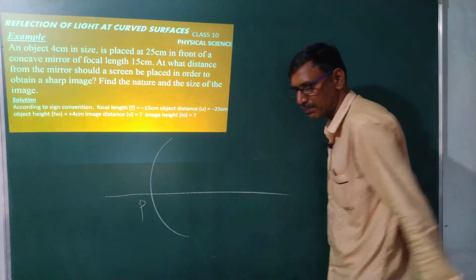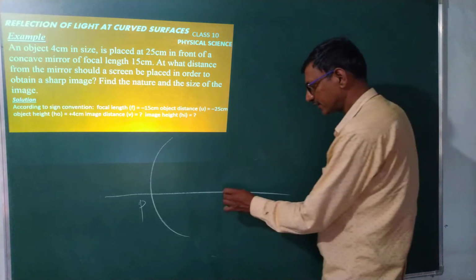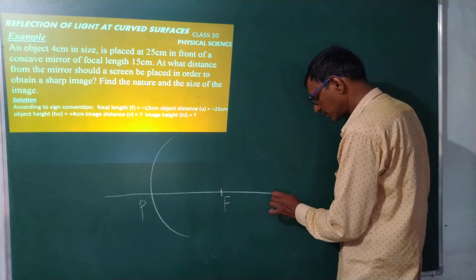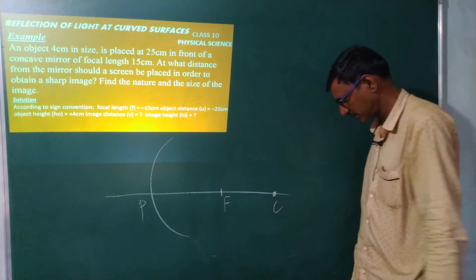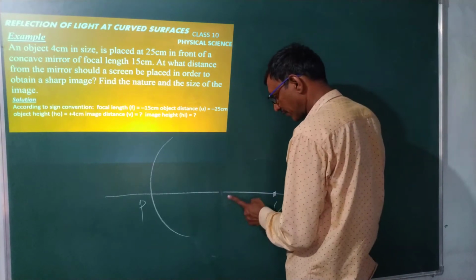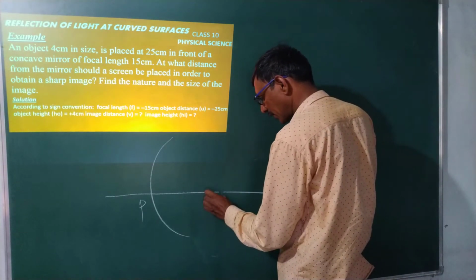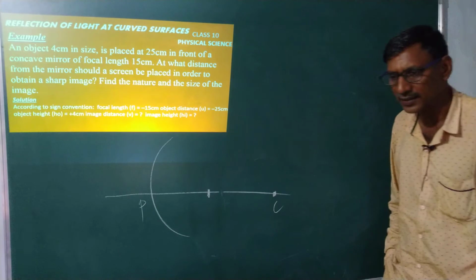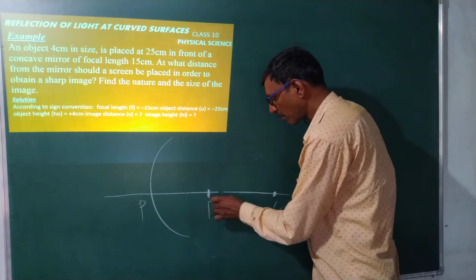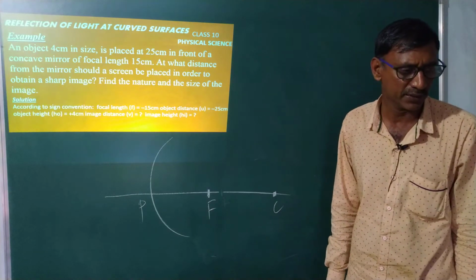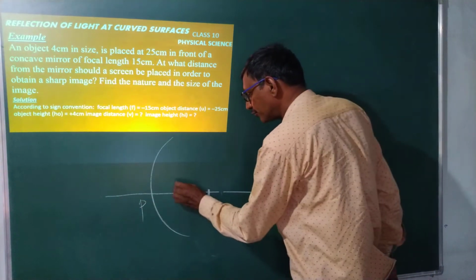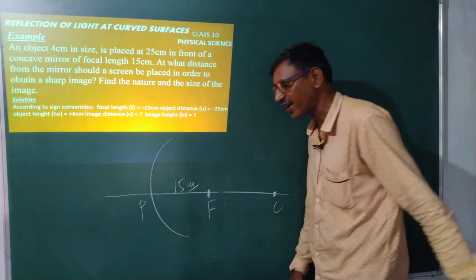This is my P, pole, this is my focus, and suppose this is my center of curvature. Because the focal point always lies exactly at the midpoint between P and C. And the focal length is given as 15 centimeters. This is very important.